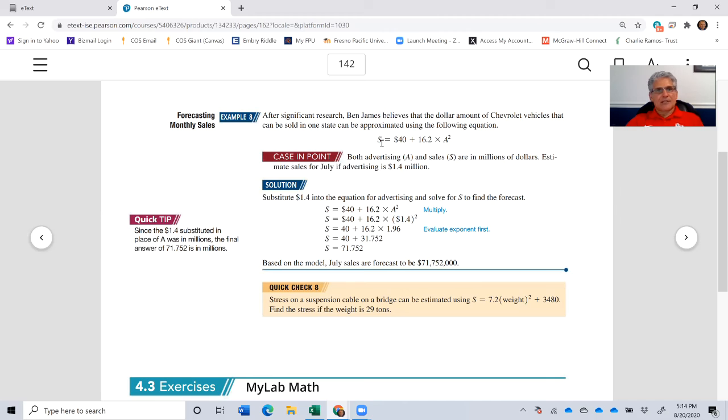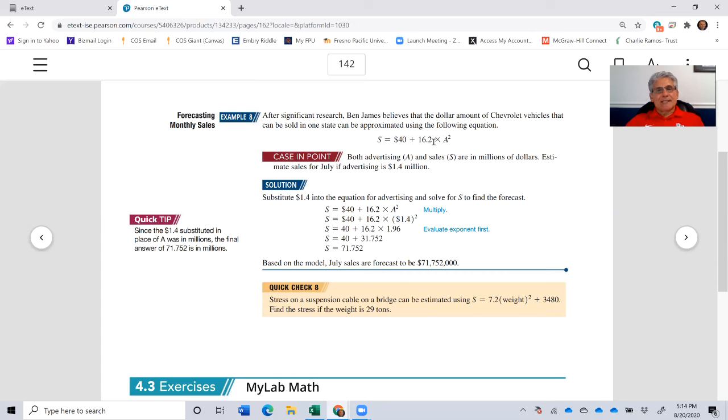S representing how much we actually sell. S will equal $40 plus 16.2 times A squared.